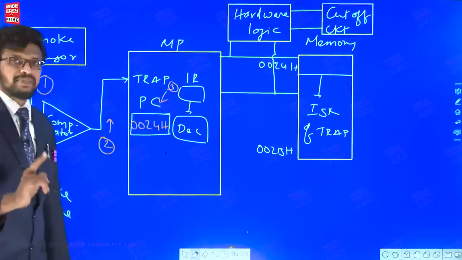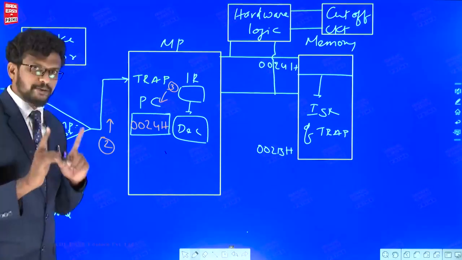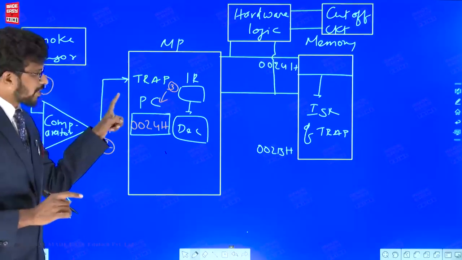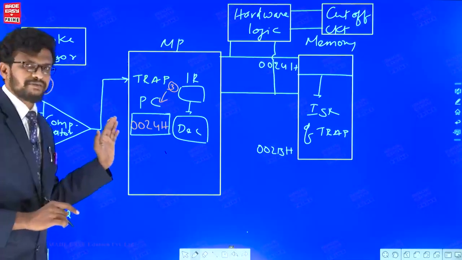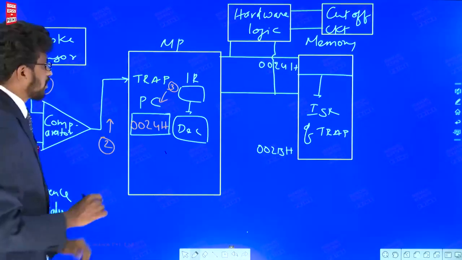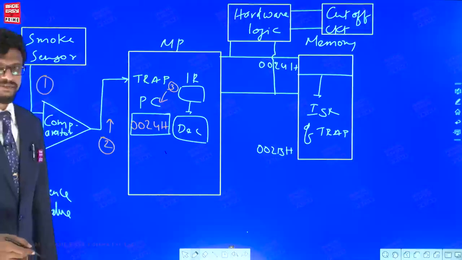That is the actual meaning of vectored interrupt: whenever the interrupt is triggered, PC is loaded with the vector address, and hence the PC contains, what does PC contain?